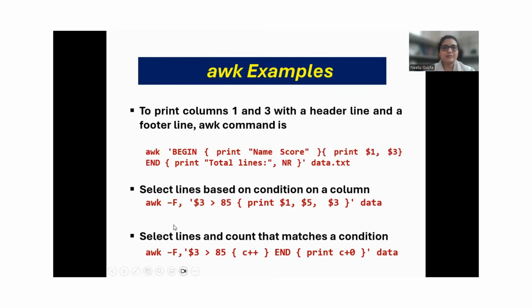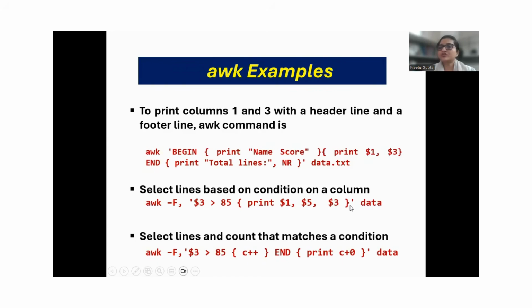Let's see more examples. Here I'm putting up a condition. In the second example, I'm saying that my field separator is comma. And then I'm specifying a condition: $3 should be greater than 85. So the value of $3, the third column, should be greater than 85, then only execute the body.